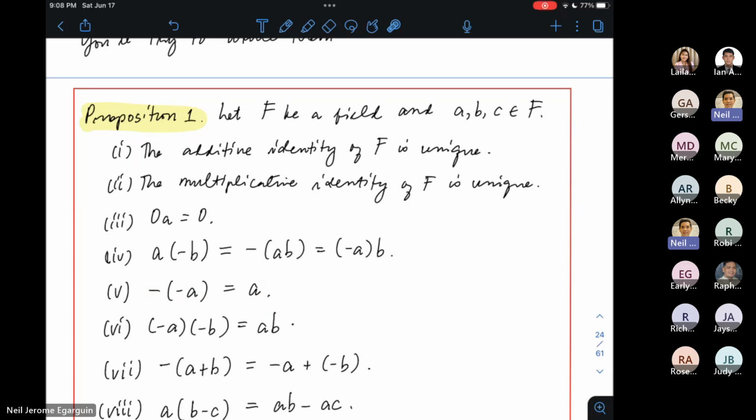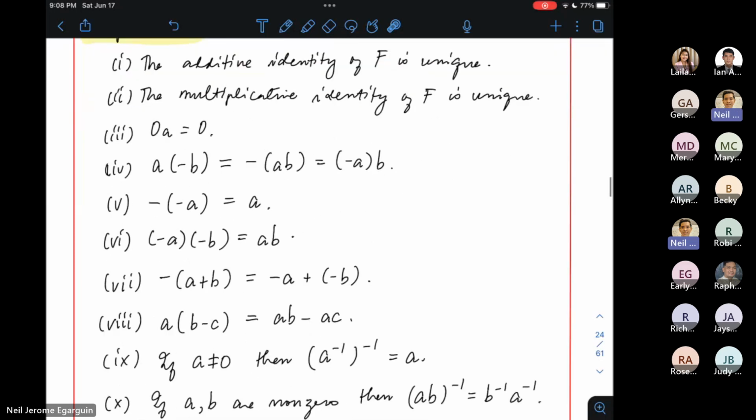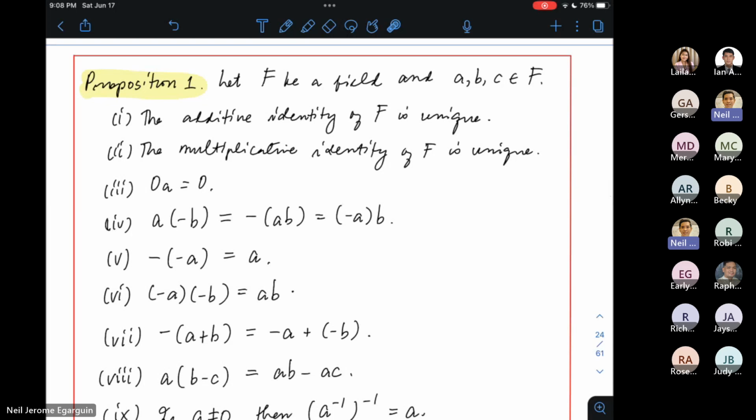So ganun mo siya babasahin. Proposition 1.6, ang additive inverse ni A, pag minultiply ko sa additive inverse ni B, ay equal lamang sa A times B. So it's a little different if you look at them as numbers versus when we think of them as elements of fields. So yun yung gusto kong i-emphasize when we start proving some parts of proposition 1 before you do the homework. All right?